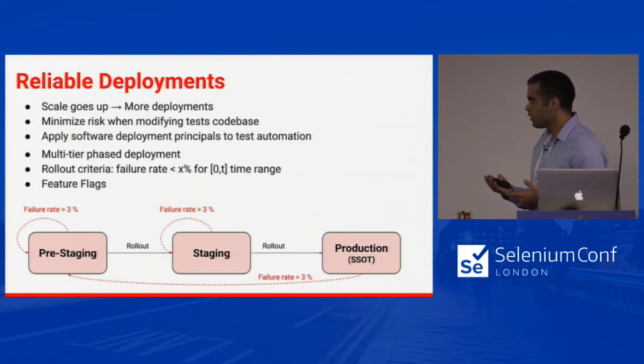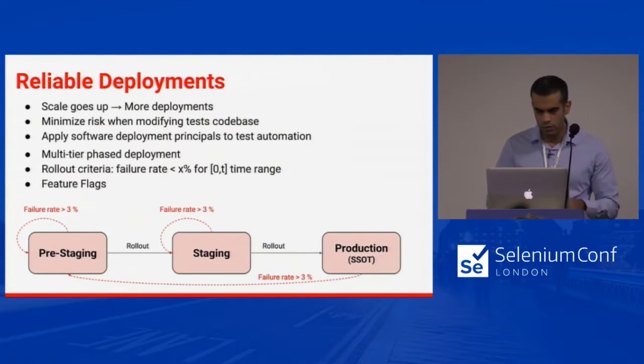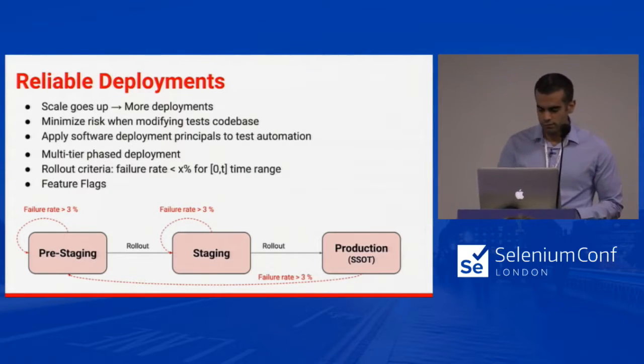And this way I can disable an unstable functionality in my test by injecting a system property into the environment and basically turn off this new functionality.